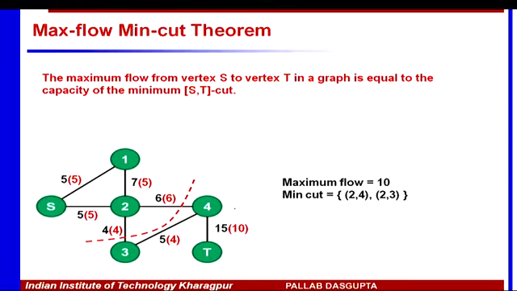It says that the maximum amount that can flow along all these paths from S to T is equal to the cut of minimum size.